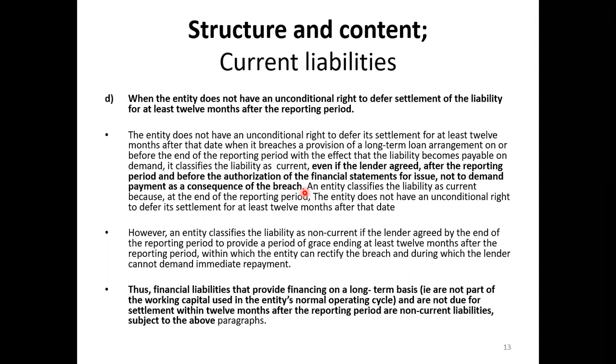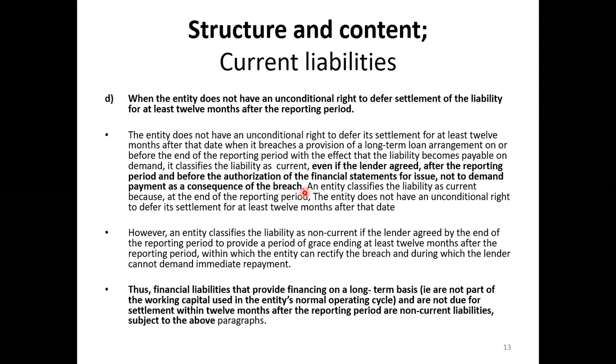So there are some instances that may happen, and in those circumstances they may explain: due to these reasons, we are unable to honor our dues. Sometimes the supplier or creditor may agree: okay, you may take two more years to settle. They have extended the date of settlement.